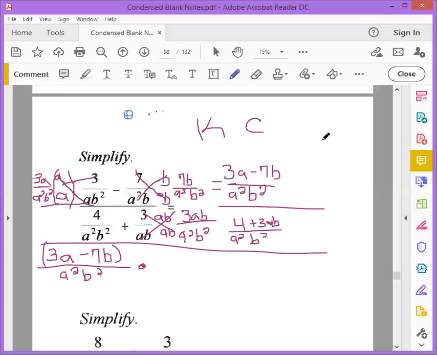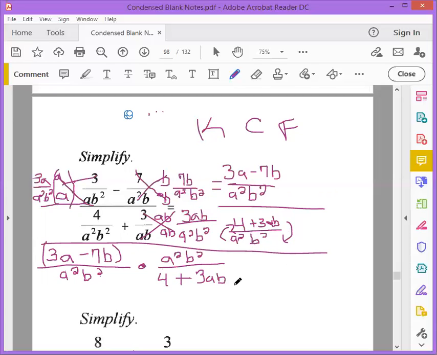And then we're going to flip the second fraction. So the fraction that's in the denominator, we want to move the terms in the numerator to the denominator. And then the terms in the denominator, we want to move those to the numerator. So when we do that, we have a squared b squared in the numerator. And then 4 plus 3ab moves to the denominator.